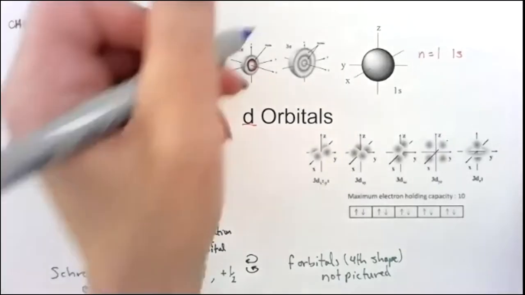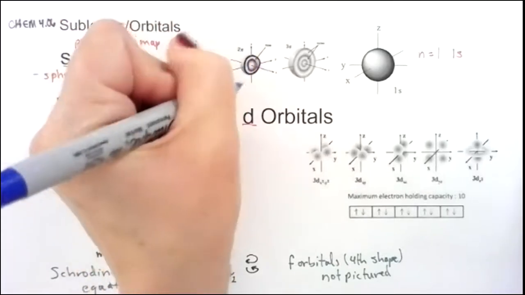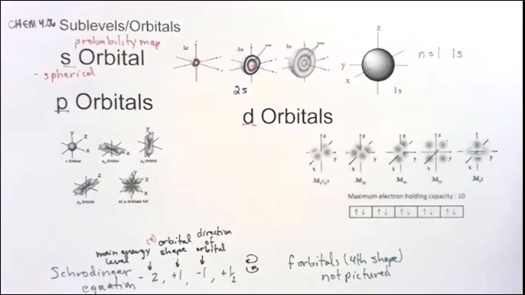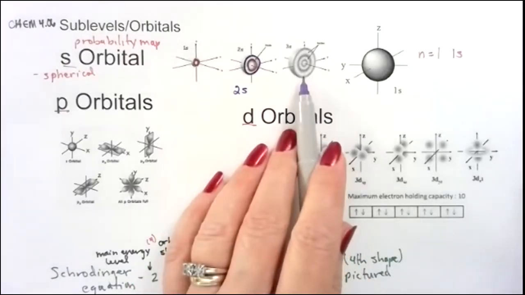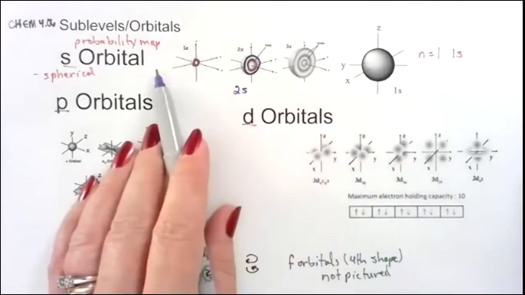So we start over and we get an s orbital again, and I'm going to do that in dark blue. So this dark blue is the 2s. If we're just talking about s's, I'll have a 3s orbital as well. But again, they're always a sphere.